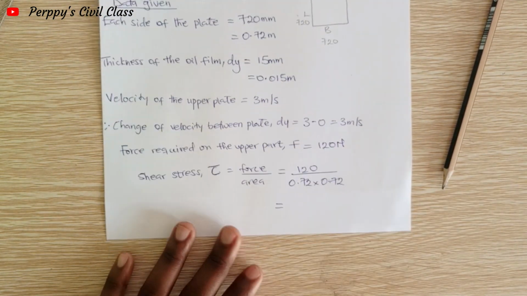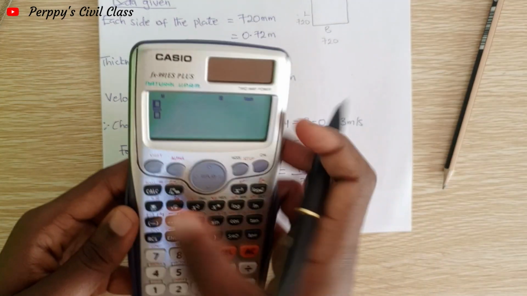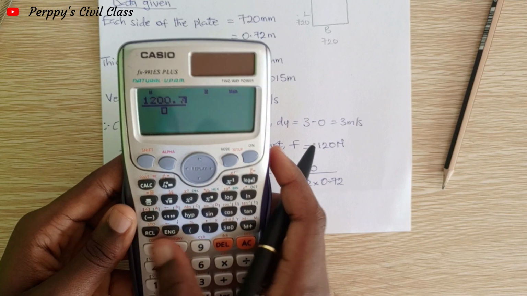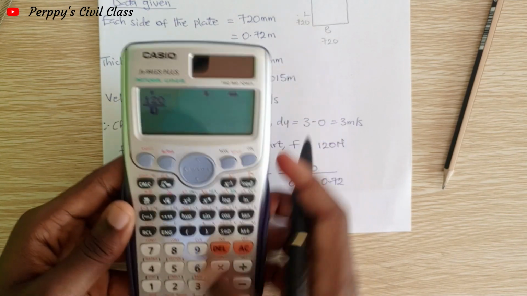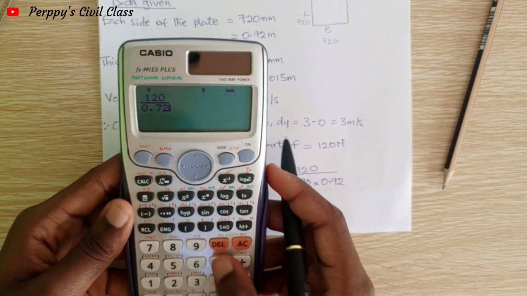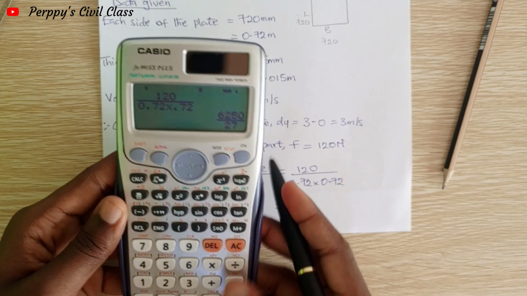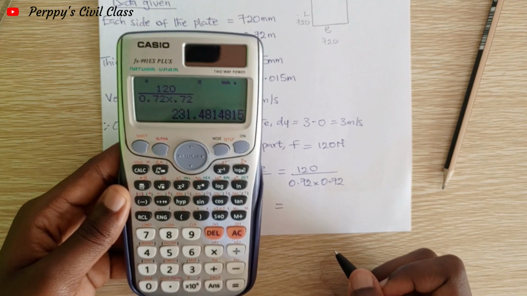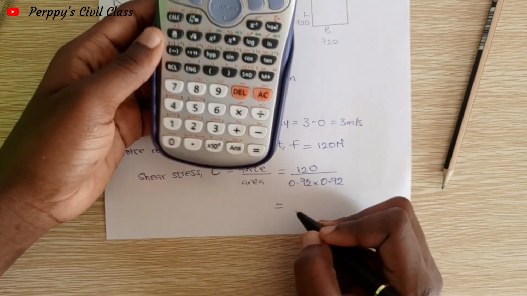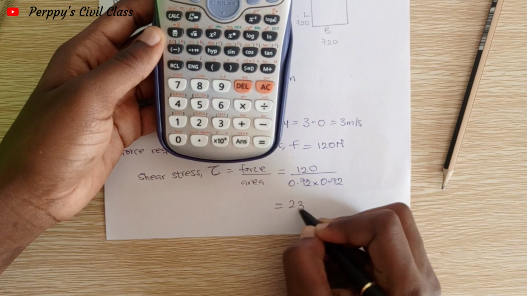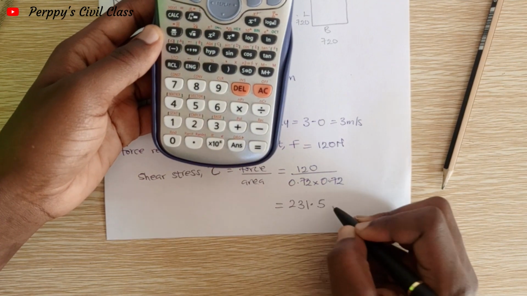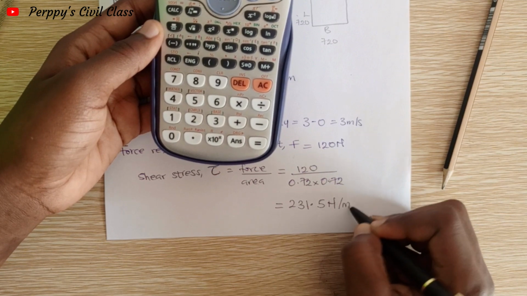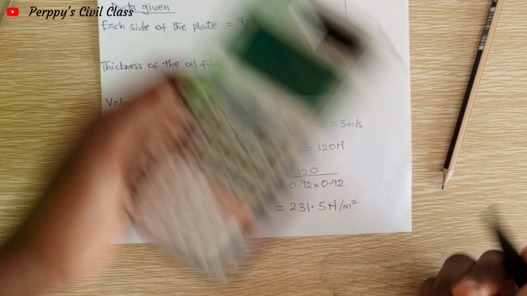We quickly punch it on our calculator: 120 divided by 0.72 times 0.72. This gives us 231.48, or 231.5 Newton per meter squared.